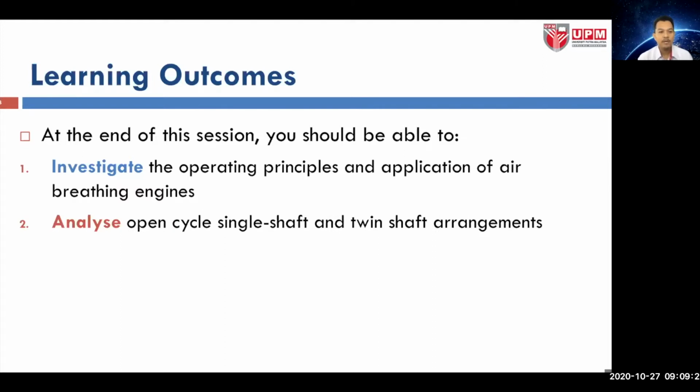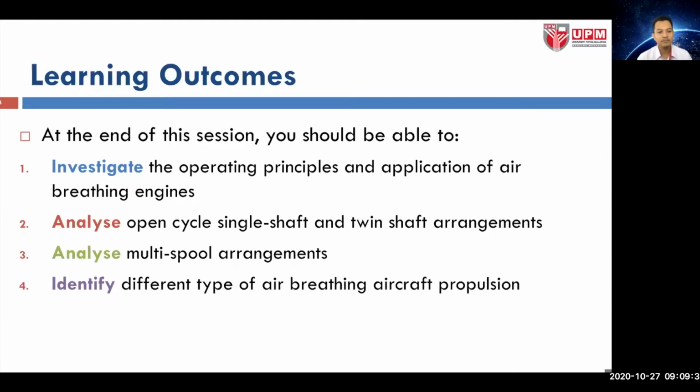And you should also be able to analyze the open cycle single shaft as well as twin shaft arrangements, analyze multi-spool arrangements, and finally identify the type of air breathing aircraft propulsion. There's another one: discuss gas turbine design procedure. So topic 1.6 is on the gas turbine design procedure. These are the learning outcomes that you should be able to grasp at the end of this particular session.